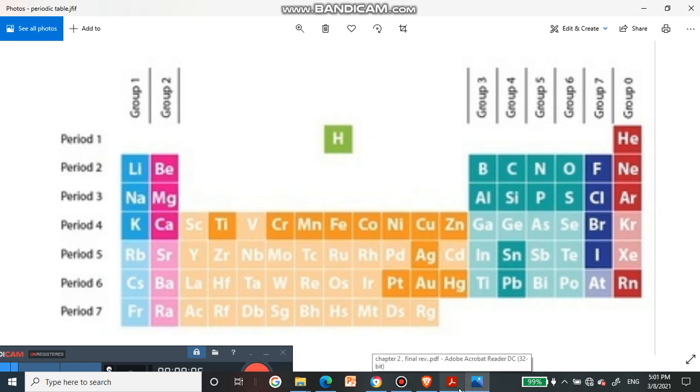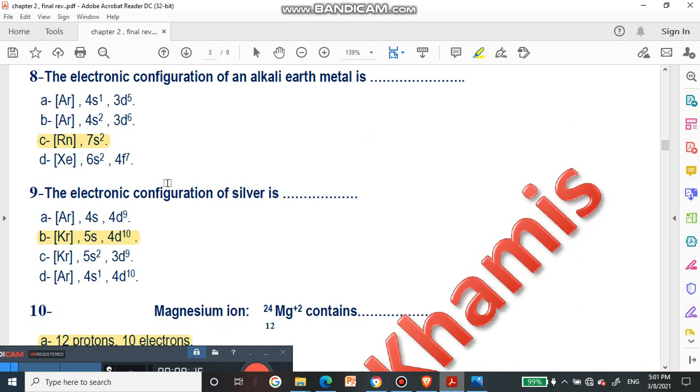As we are in group 2, we have 2 electrons in the outermost energy level. We have the example radium here in our question, and its electronic configuration is Rn complete with 7s2.